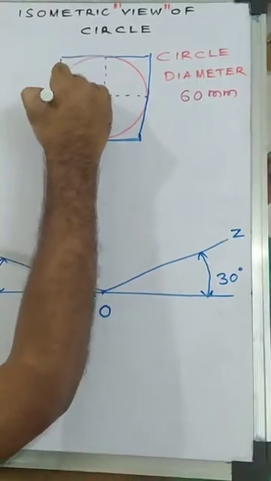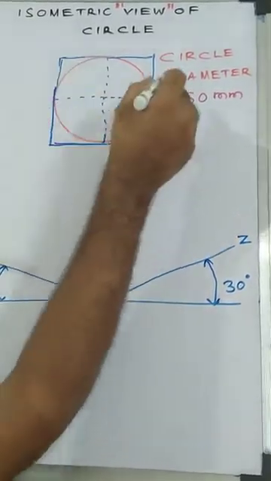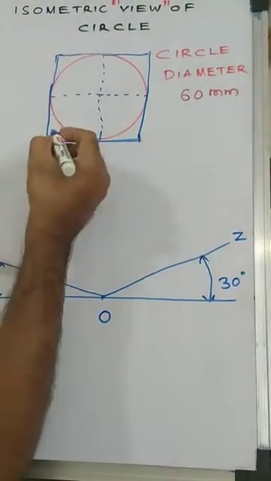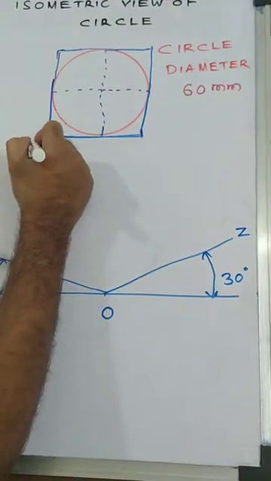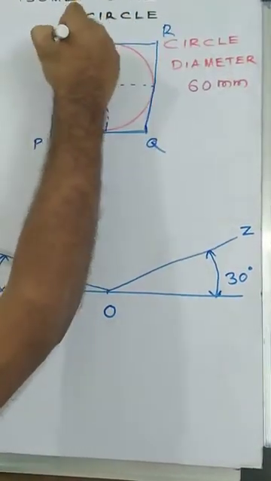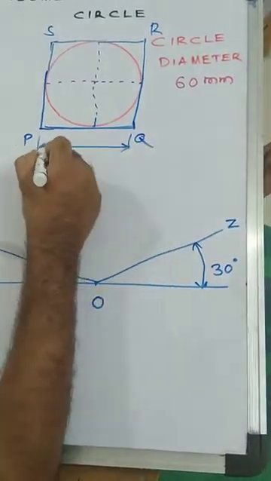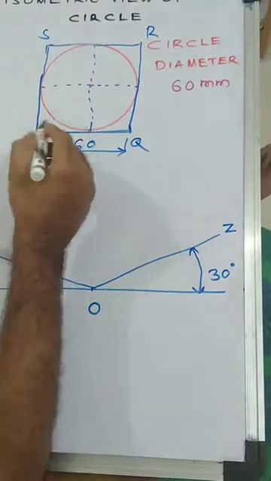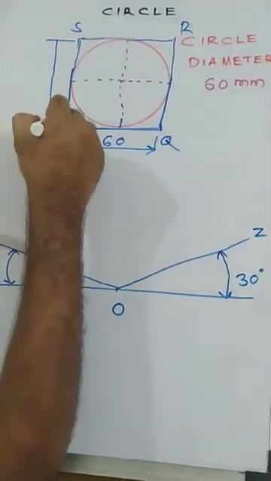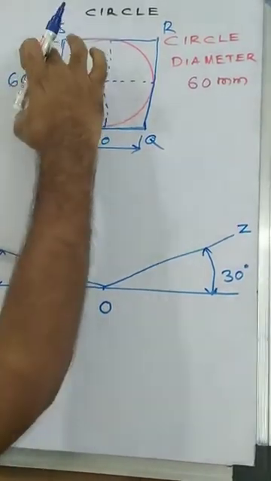Now this circle is enclosed in a quadrilateral. Now I am naming it PQRS. What is the length? 60. What is the width? 60.